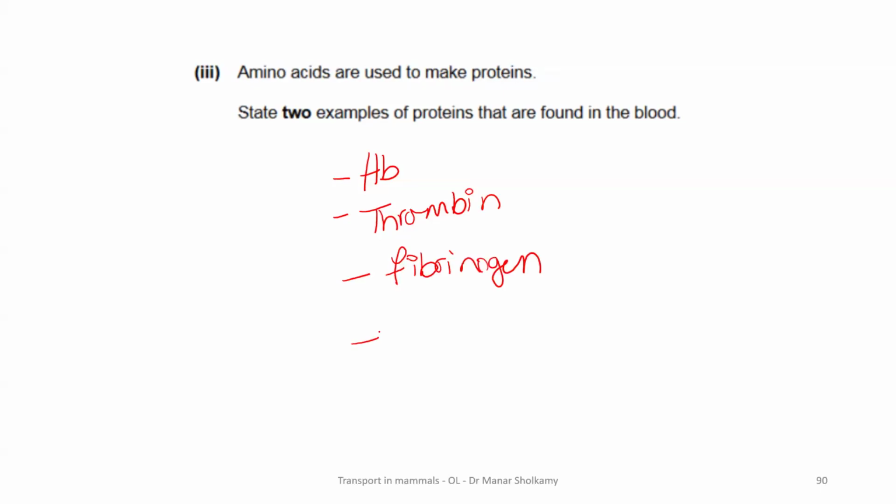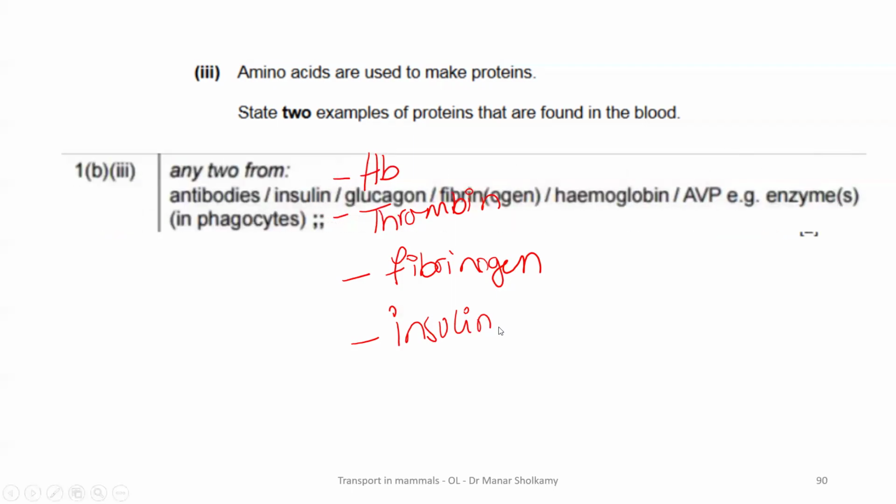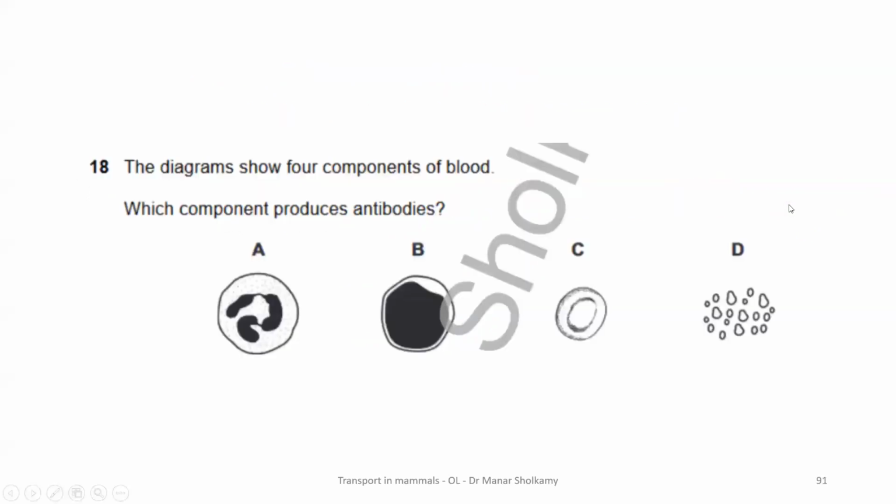What else? Any enzyme. Any hormone, like the insulin hormone. You know the names of many hormones actually: follicle stimulating, luteinizing, insulin. Okay, all these are proteins. Now the answer is just: antibodies are proteins, insulin, glucagon, hemoglobin, any enzyme, all these are proteins.